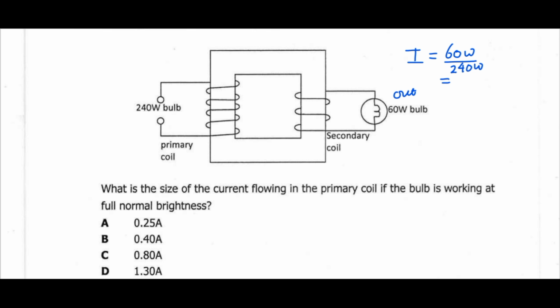So if we divide the 60 by 240, I'm getting 0.25. So this is the answer, though the question seems to be incomplete because we were only given a power. But if that is the case, this is the relationship that we can just use.